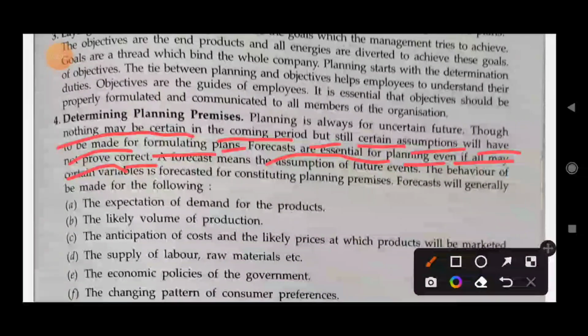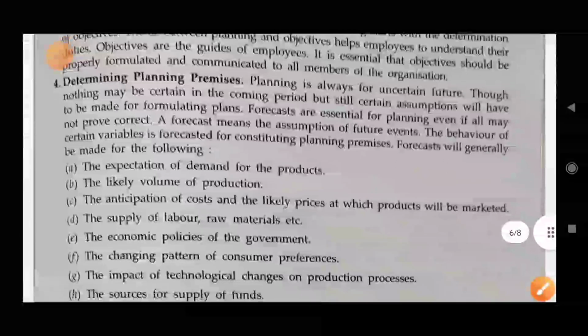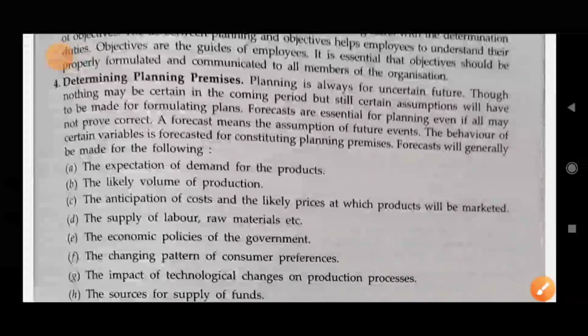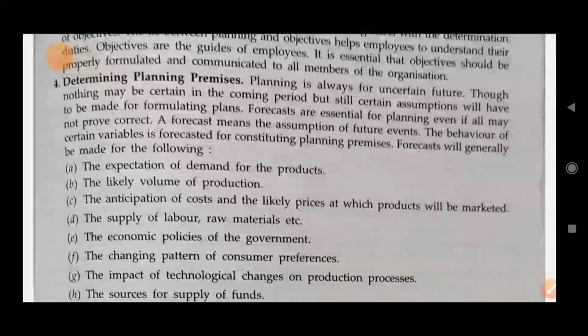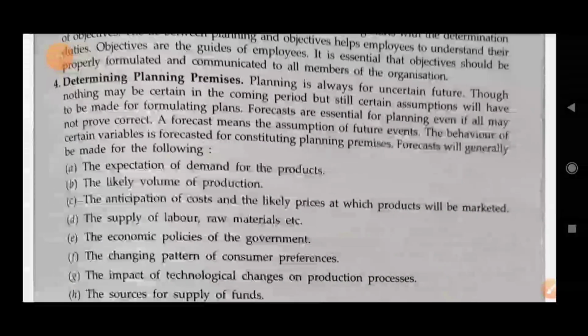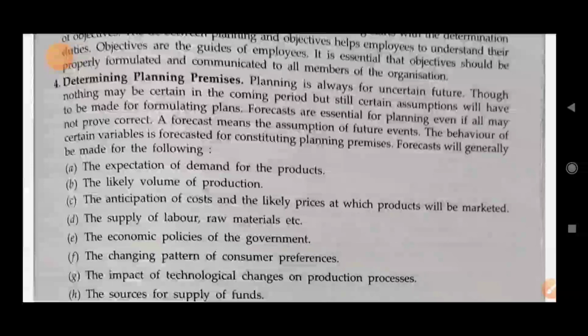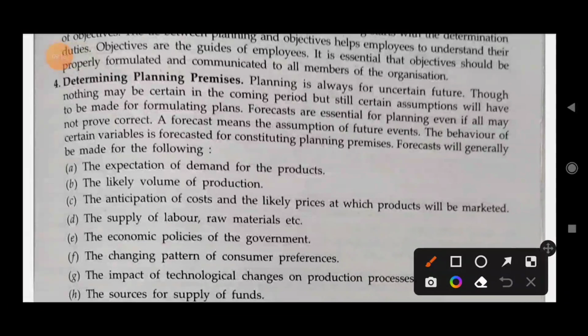I am teaching you this answer with an example, right? So we need to plan how we are going to write it if it comes in the exam, right? So determining the planning premise, collecting all the relevant information.